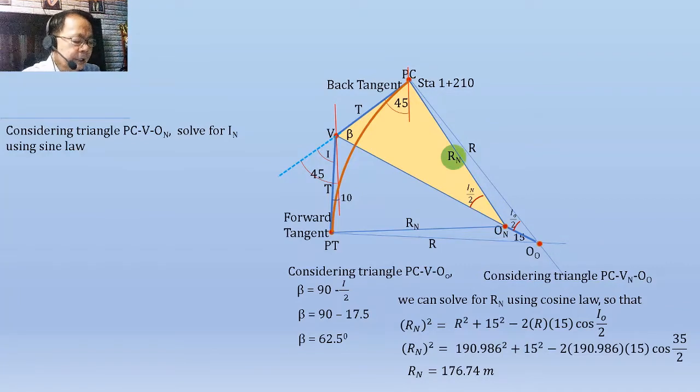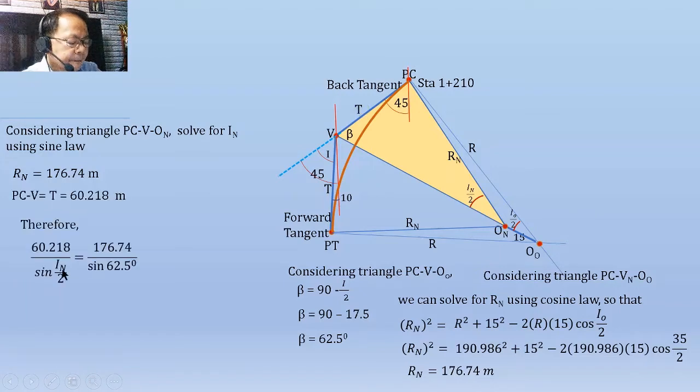So from here, we can compute using sine law, because we are given R sub n. We are also given here our T. The equation becomes equal to 60.218, represented here by T, divided by sine of 1/2 of the new intersection angle.